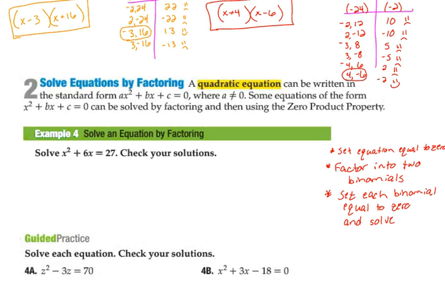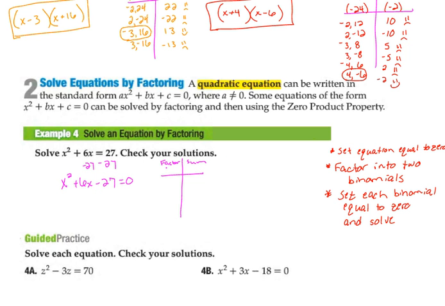Looks like they didn't do that for us, which means that we're going to have to subtract this 27 over. So we end up with x squared plus 6x minus 27 equals 0. Step 1, done. Step 2, now we have to factor into our 2 binomials. So understanding I'm dealing with a trinomial, which means that I have to do my factor sum.